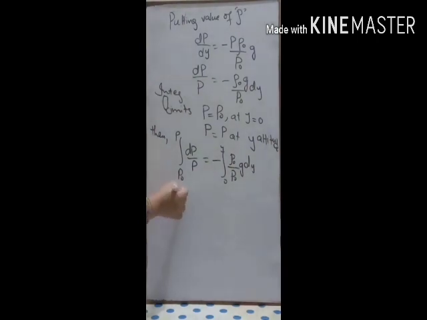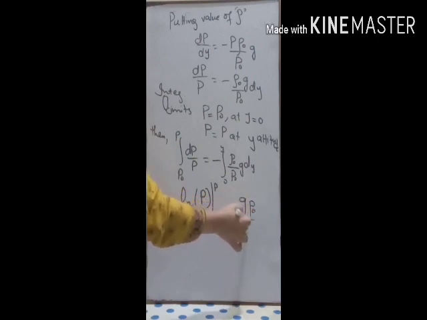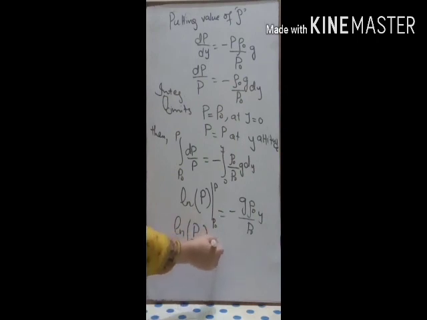We have log of P over P naught is equal to minus G rho naught over P naught into y.